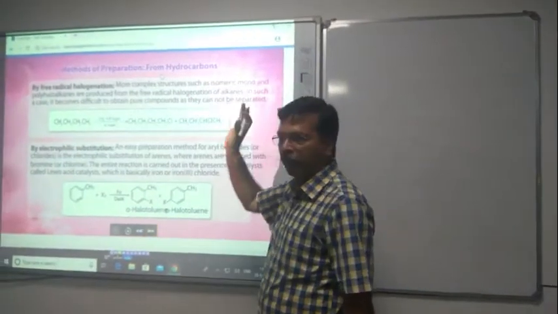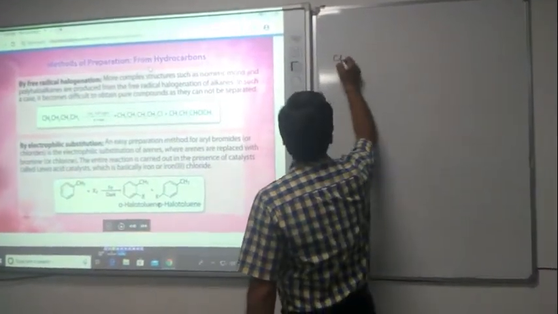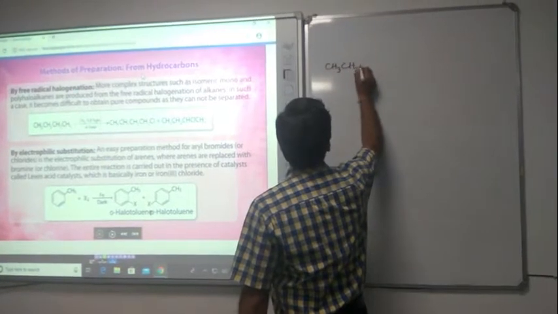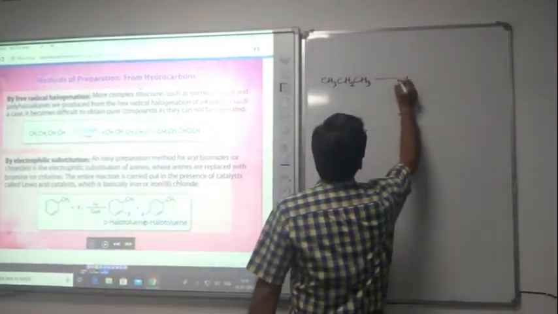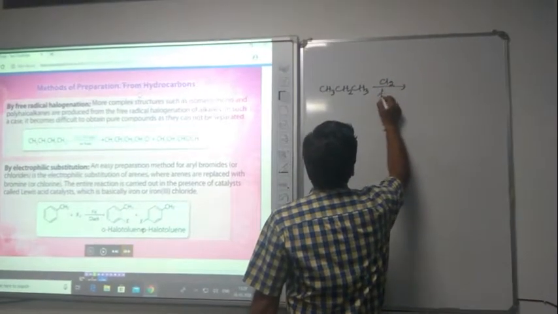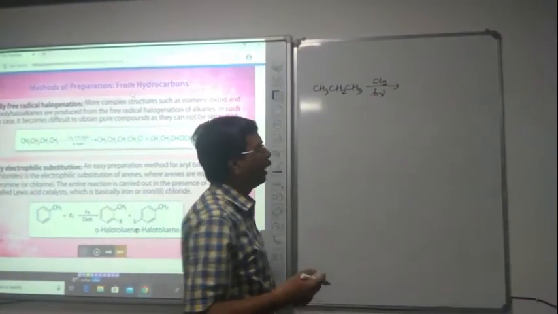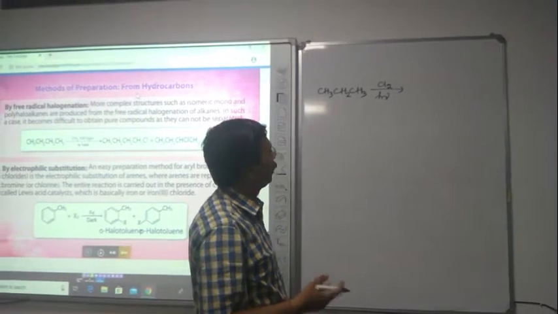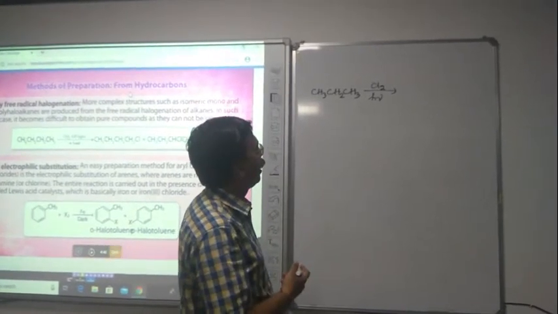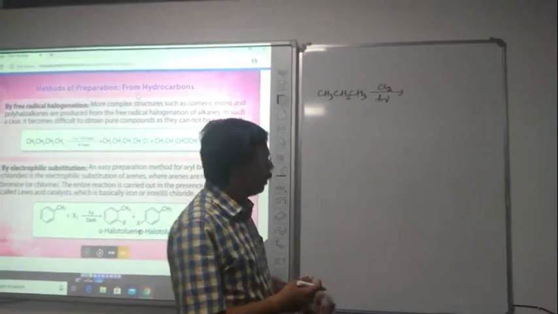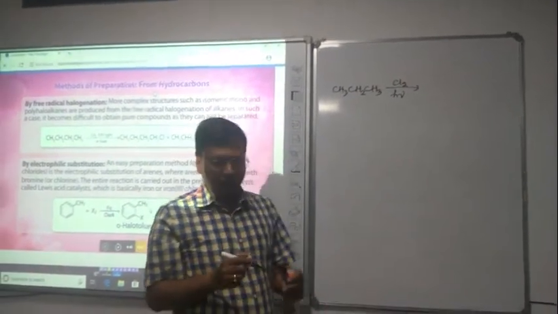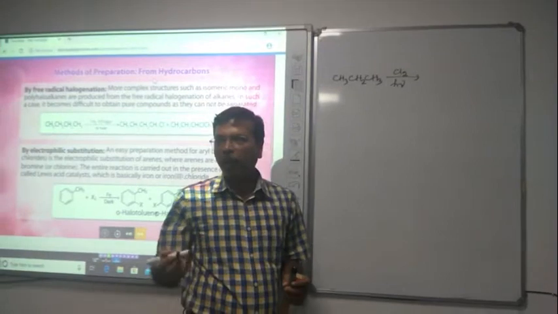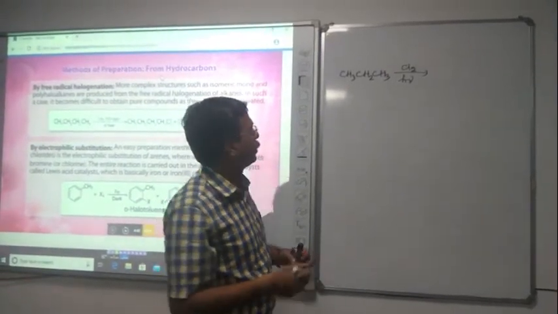From methane the products all of you know. Suppose I take propane, CH3CH2CH3. This propane, when treated with chlorine in presence of light, hν, which I can write as sunlight, diffuse sunlight, or the ultraviolet ray of sunlight is required for this reaction. Now, we can get a number of monohalo as well as polyhalo derivatives.